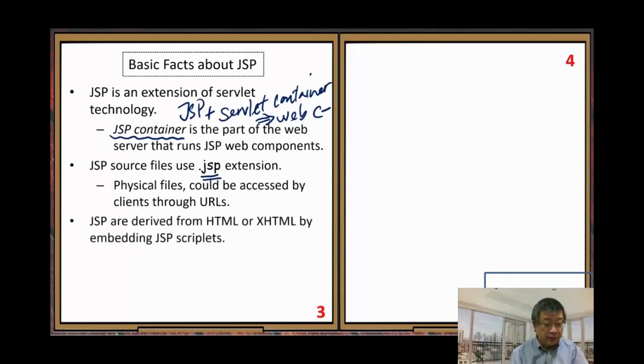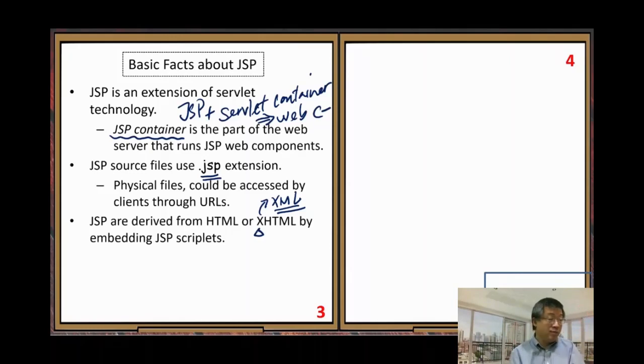Next, JSP is derived from HTML or XHTML. Here, this X is related to XML rules. Mainly, all the tags must be paired.